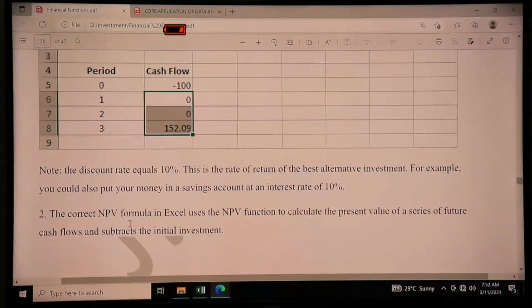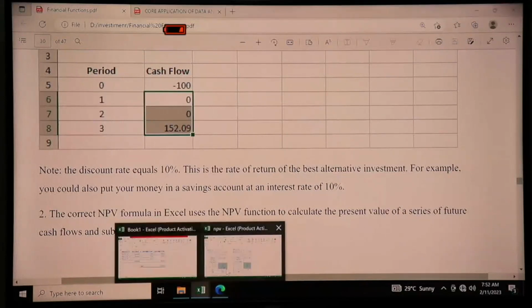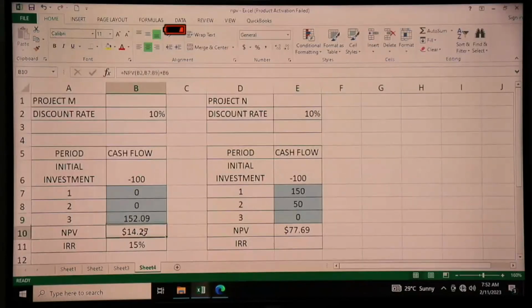So the correct NPV formula, once inserted here, is supposed to evaluate the series of future cash flow and subtract the initial investment, which we did in our last discussion. When you're inserting the net present value, you select the cash flow as we have given here.